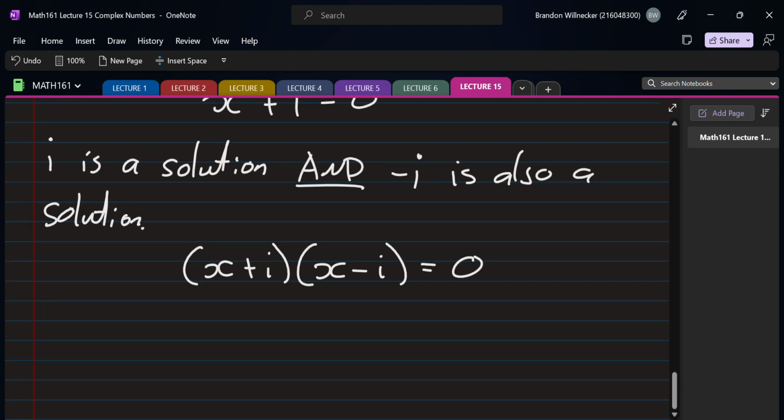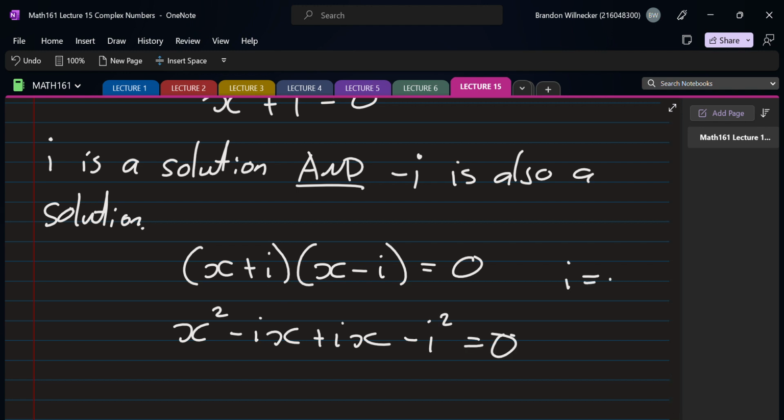And just to check that this works, let's multiply this out. So x times x, that will be x squared. x times minus i, that's minus ix. i times x, that's plus ix. And then minus i times i, we can write that as minus i squared. But remember how i is defined? i is equal to the root of minus 1. So i squared, that will just be minus 1.